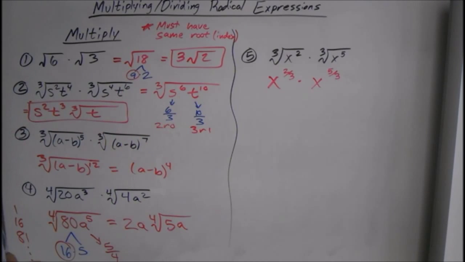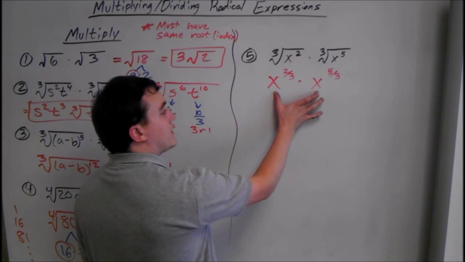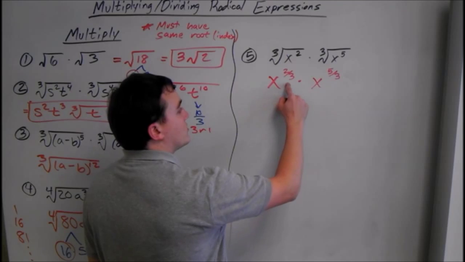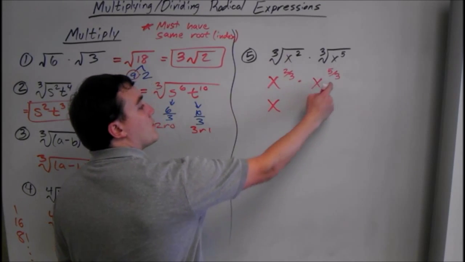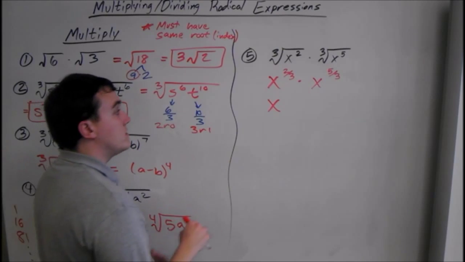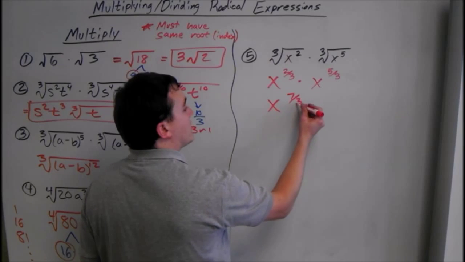Now when we were multiplying terms with exponents, we add the exponents. 2/3 plus 5/3. And if you didn't have a common denominator, you would have to make one. That would be 2 plus 5 is 7/3.